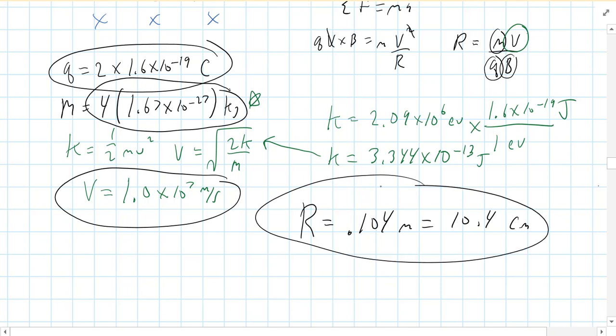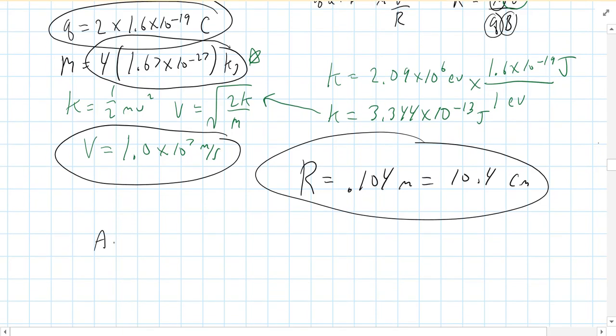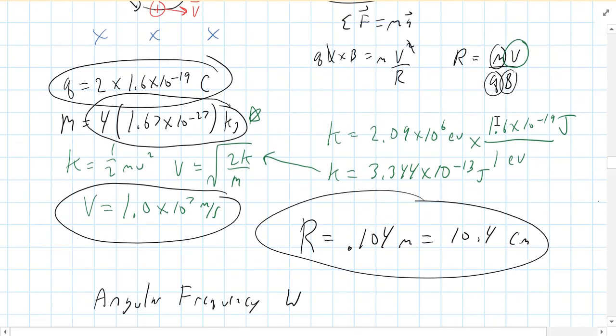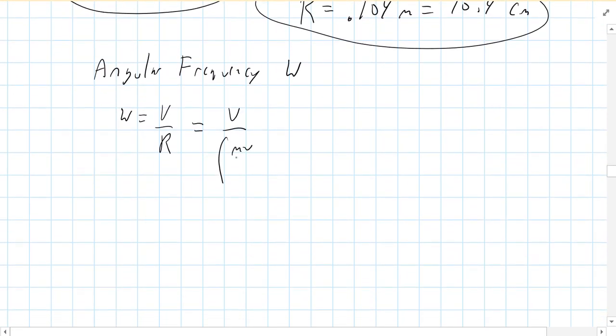Now another thing I want to calculate: what is the angular frequency? That's omega. Well, you might recall that omega is defined as v over r. And it's v divided by the equation we got for radius, which was mv over qB.